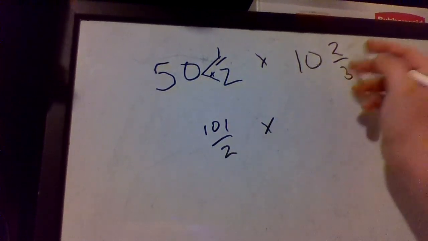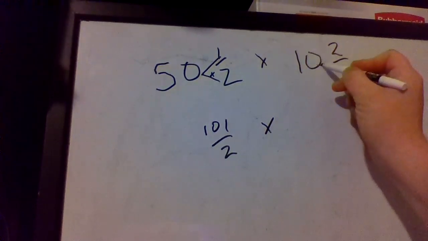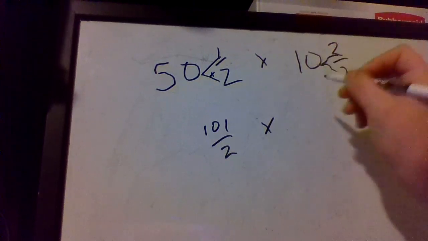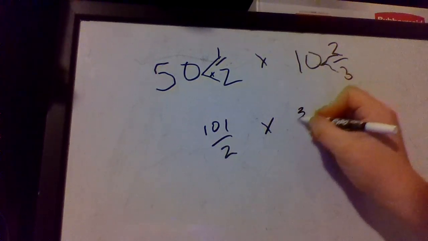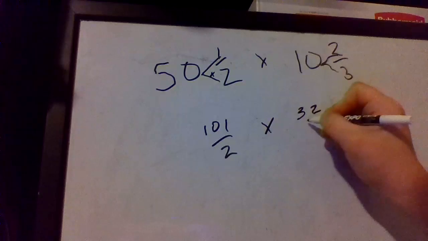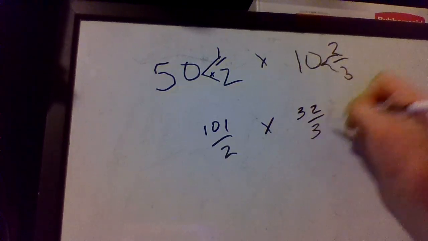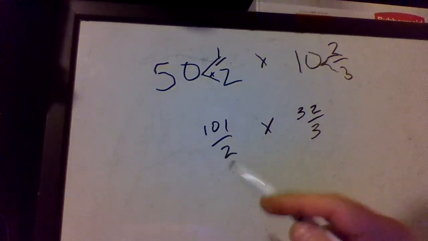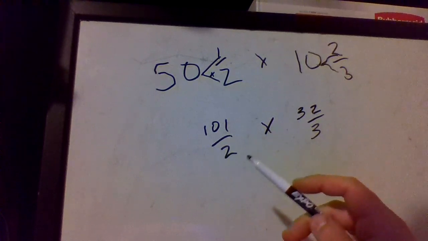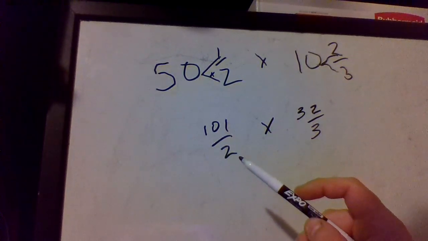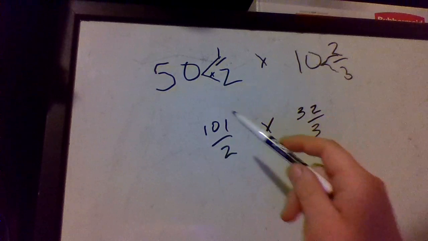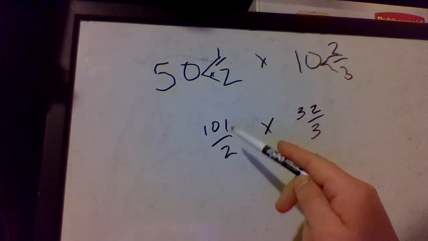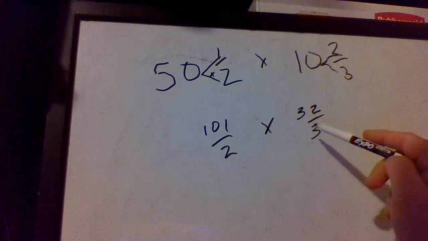Times 3 times 10 is 30. 30 plus 2 is 32. So 32 over 3. So now we've got our problem that we can work out: 101 over 2 times 32 over 3.